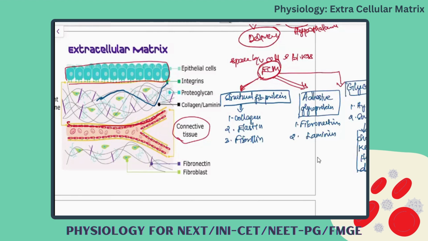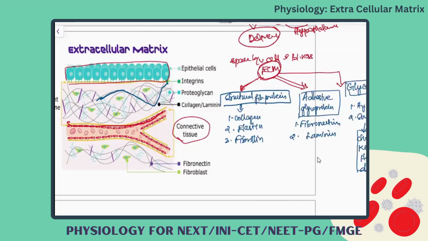Various organs perform their elastic function. The foremost example is the lungs, the alveoli of the lungs. When you are breathing, inspiration and expiration, the lungs undergo contraction, relaxation, and expansion. It is because of the elastin.